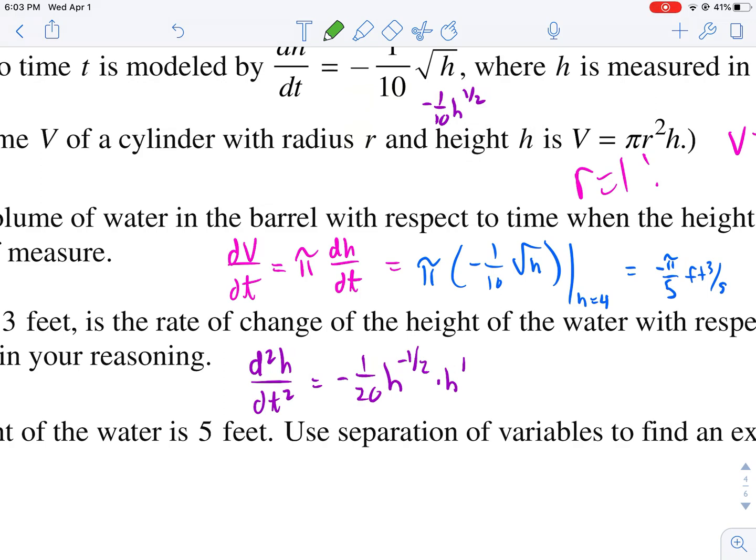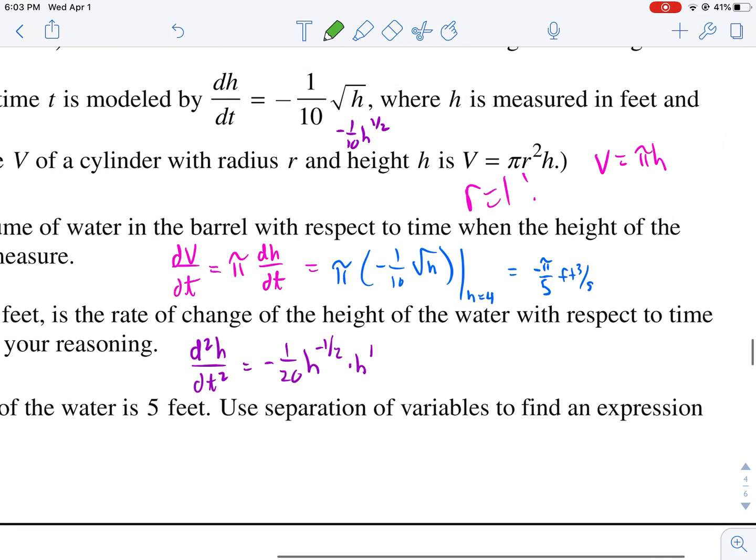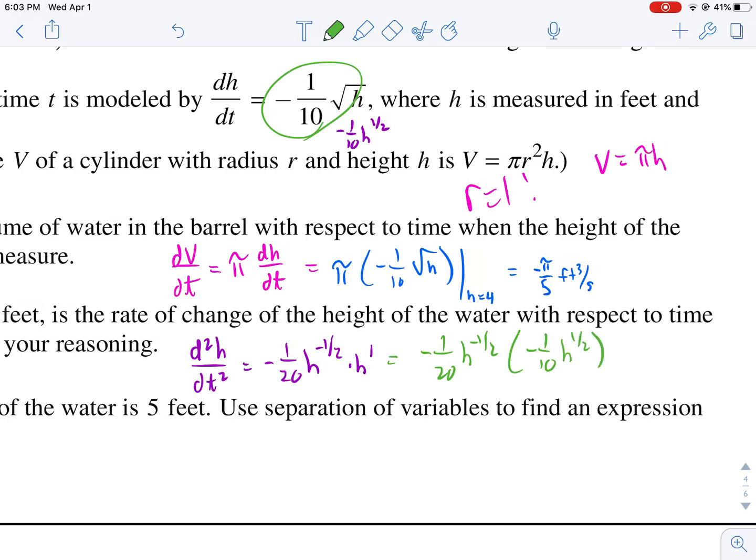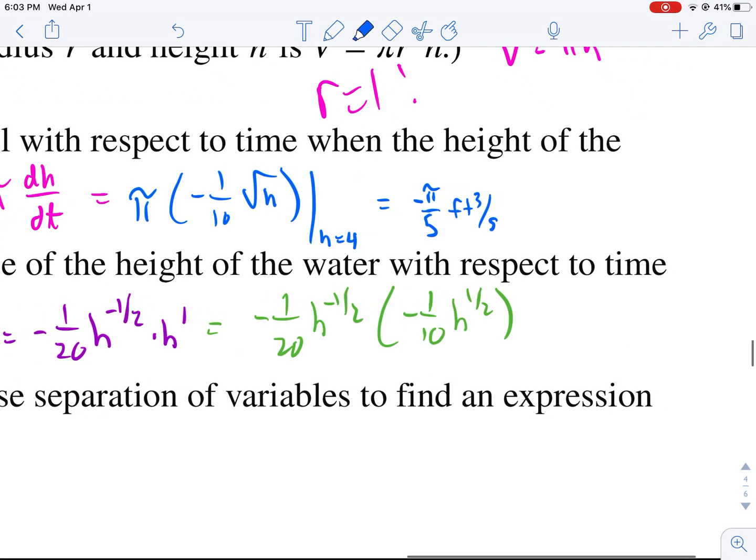Remember, we're finding derivative with respect to time. So you do that, and then we can substitute this in for h prime. So this is negative 1/20 h to the negative 1/2 times negative 1/10 h to the 1/2. If we notice, these two things will actually cancel out because the h to the negative 1/2 is on the bottom and h to the 1/2 is on top.